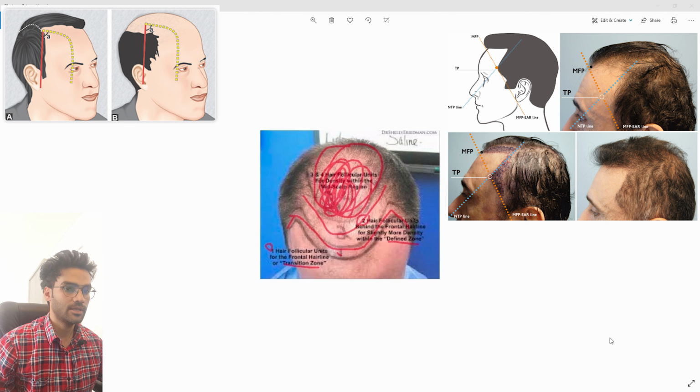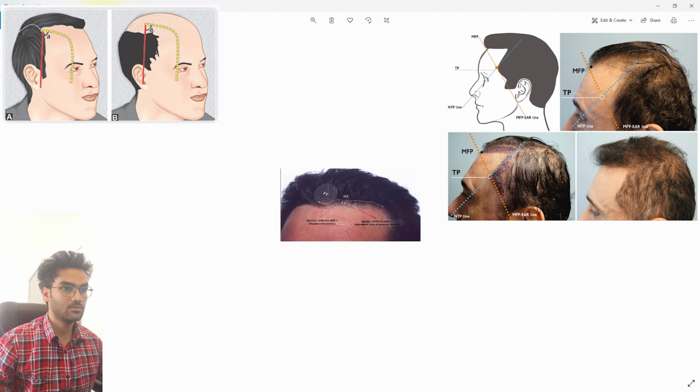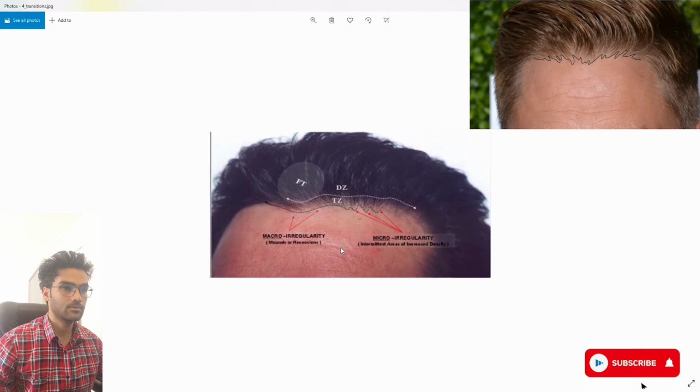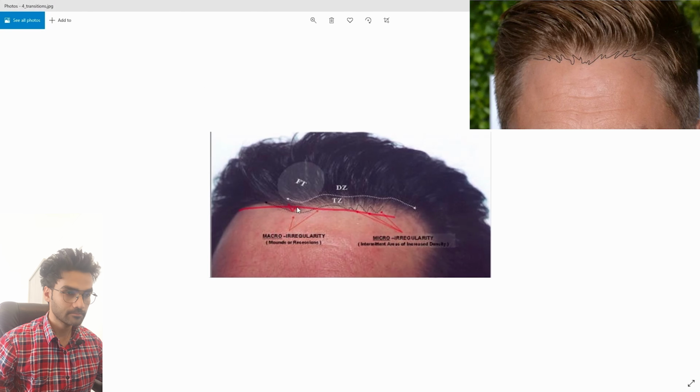With this transition zone there are also permanent transitions. In a real photo you can see this guy has hair with this zigzag kind of transition. These defined zones, the transition zone, have more density here and small micro irregularities. This small detail is very important to maintain to give a natural look to your hairstyle.